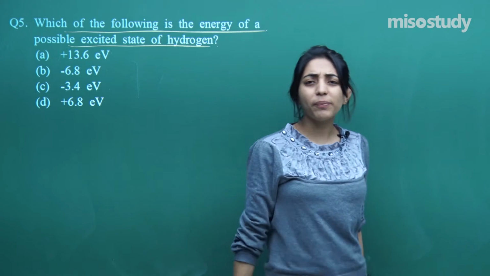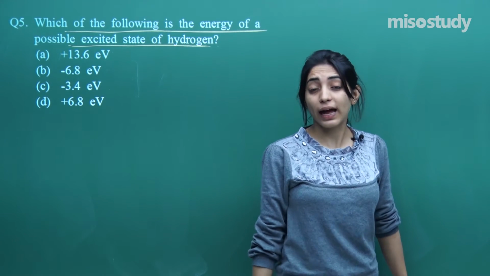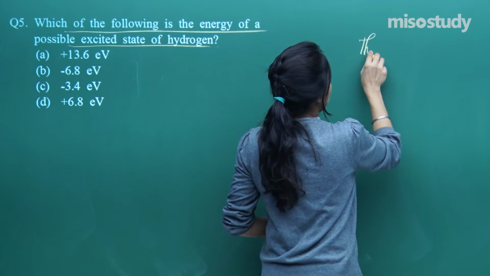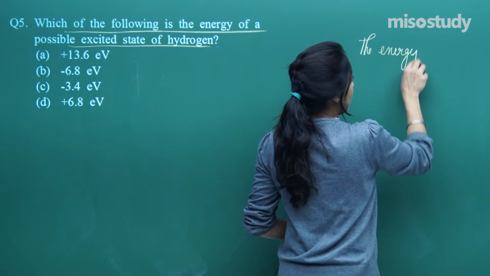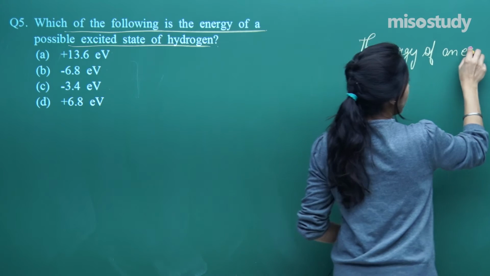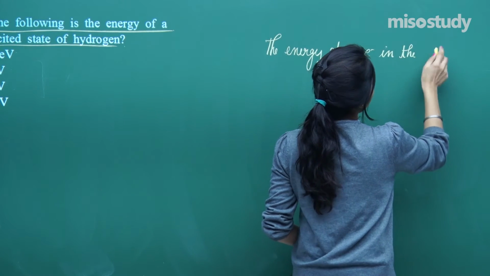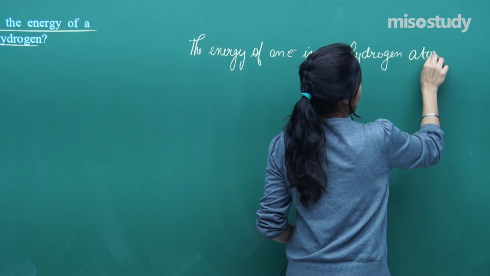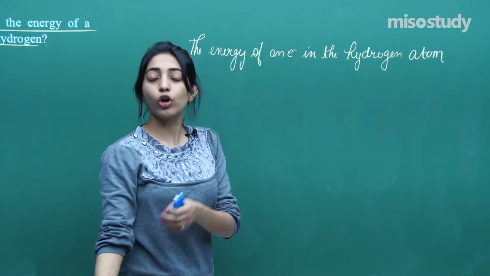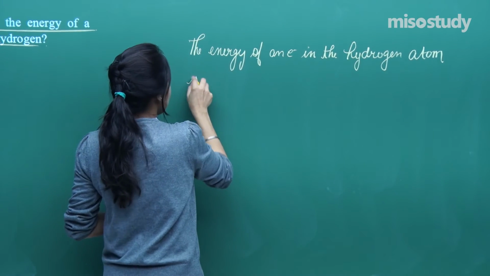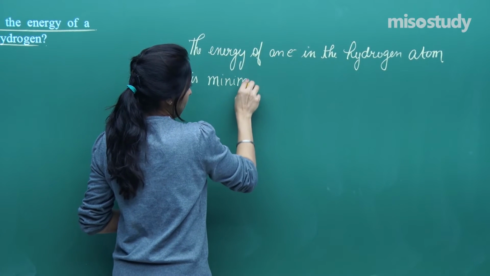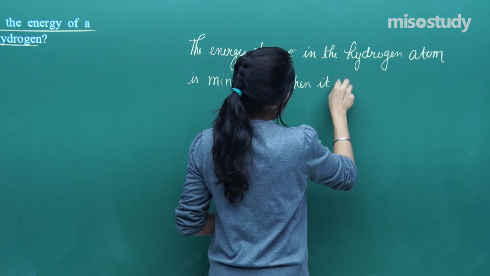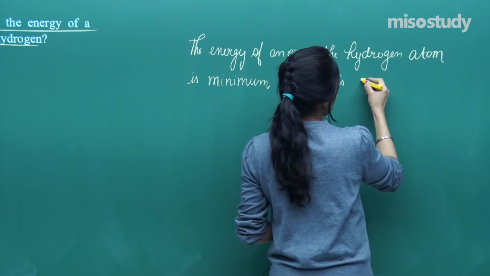Okay. You remember while I was teaching you the theory about the hydrogen atom, I used one very simple statement: the energy of an electron in the hydrogen atom is minimum when it is closest to the nucleus.